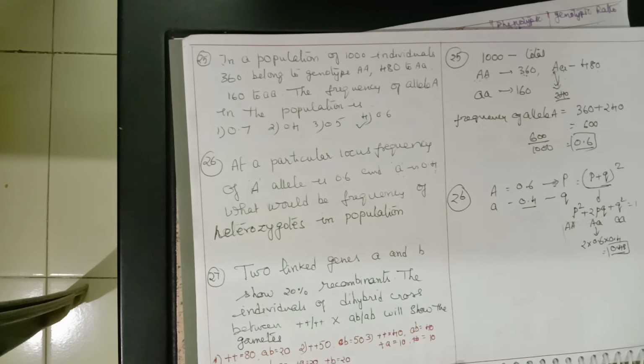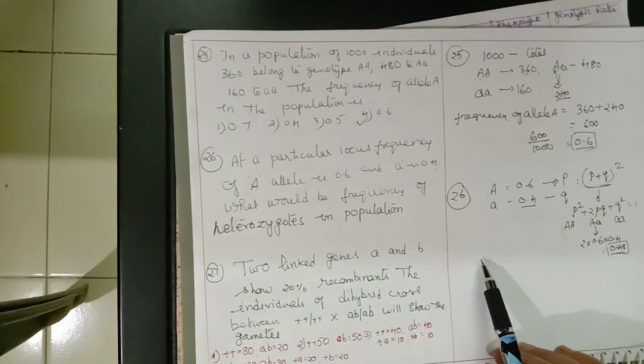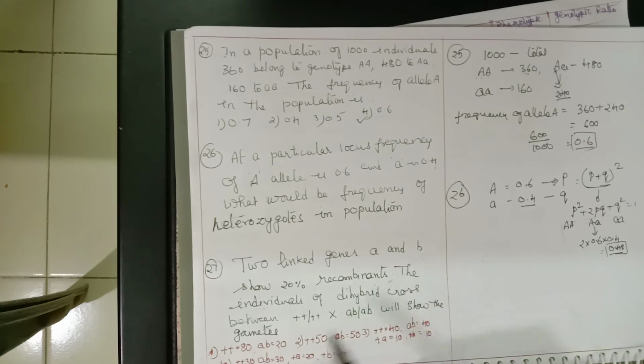Okay, now coming to the next question. Two linked genes A and B show 20% recombination. The individuals of a dihybrid cross between these two will show which gametes? So the recombinants are 20%, and these are the parental.